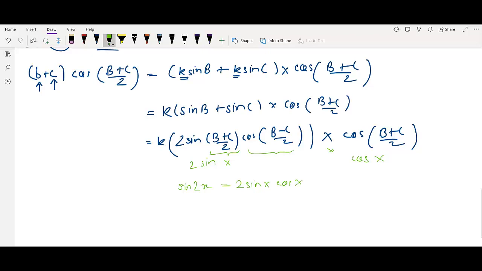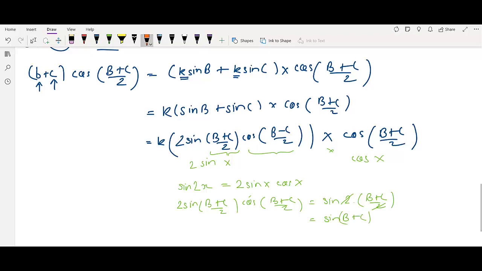Okay, so I can write 2 sine b plus c by 2 into cos b plus c by 2 as sine of 2 times b plus c by 2. Because this is x, this becomes 2x, so the 2 in the numerator and the 2 in the denominator cancel out, and what I'm left with is sine of b plus c.